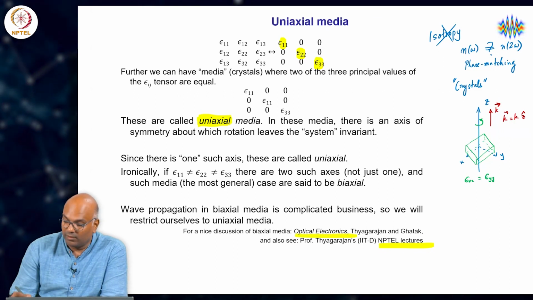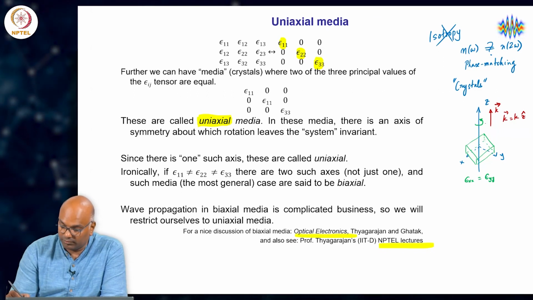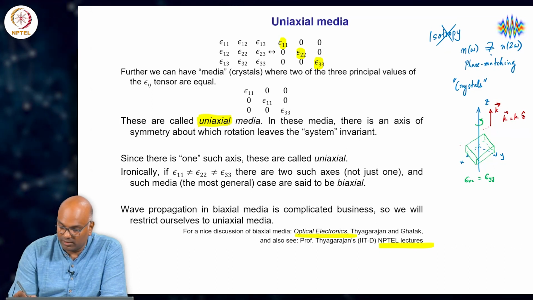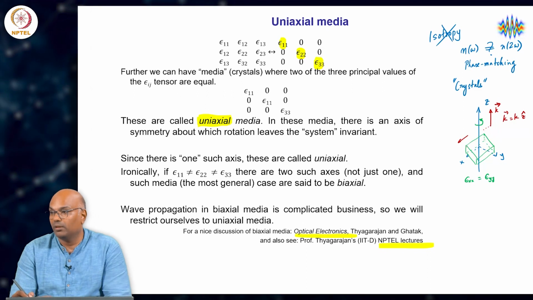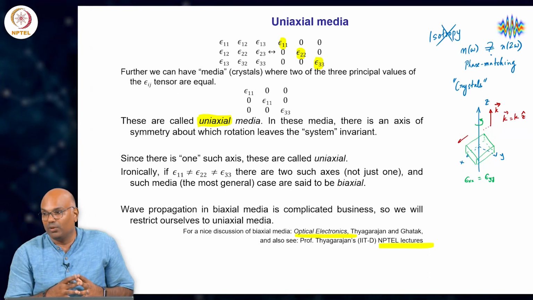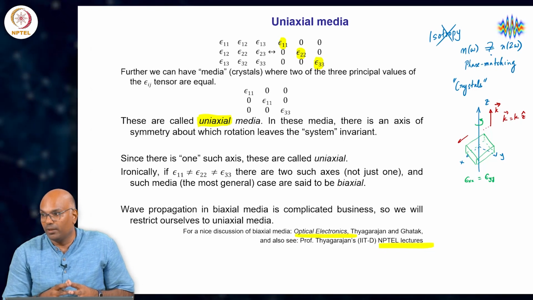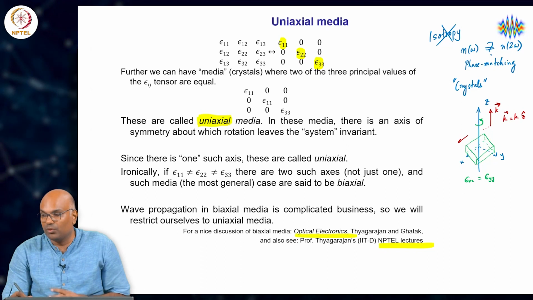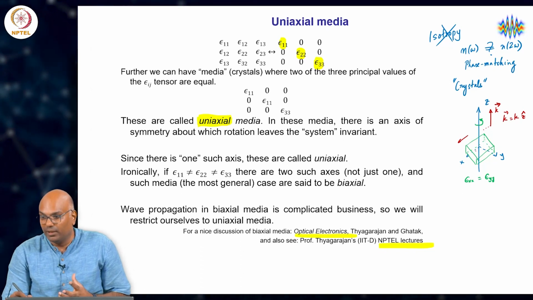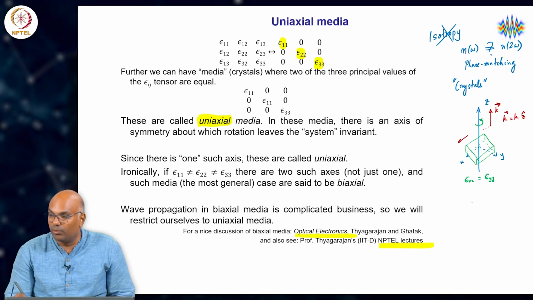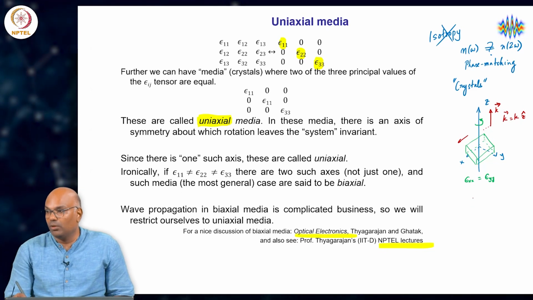No matter in which direction the electric field is polarized on the xy plane, owing to the symmetry of the uniaxial medium, right, the refractive index is going to be independent of the angle that the electric field vector makes with respect to either the x or the y axis.